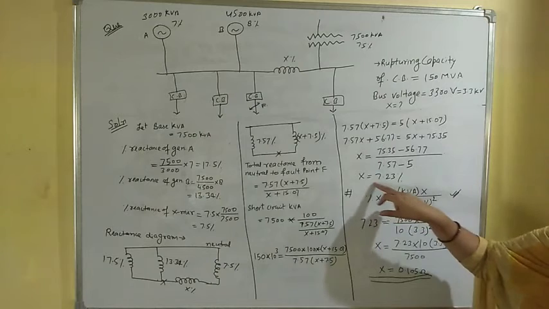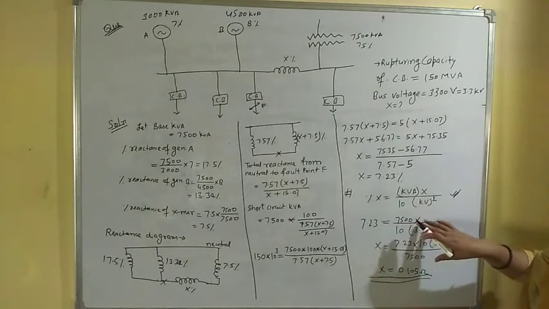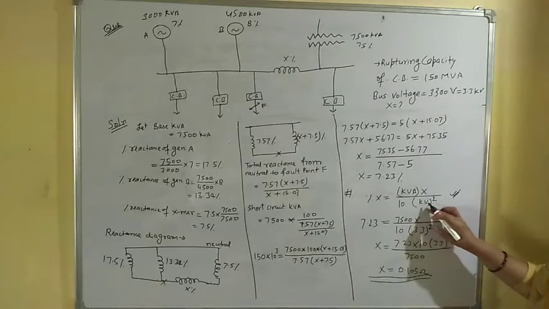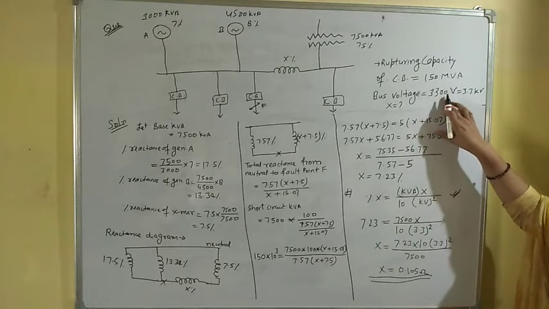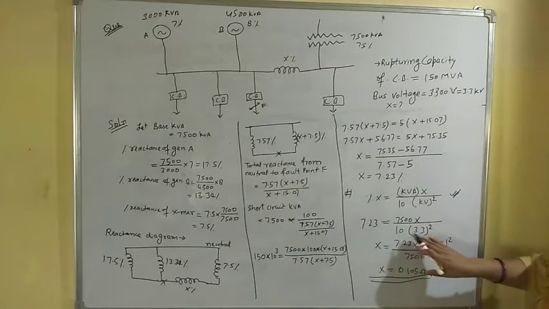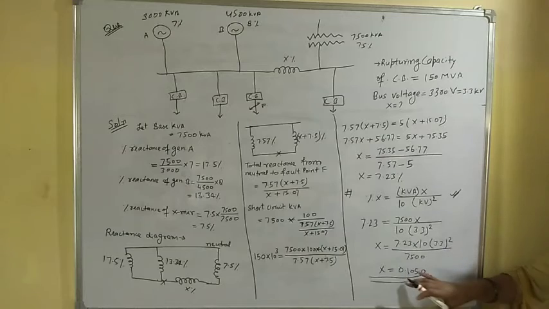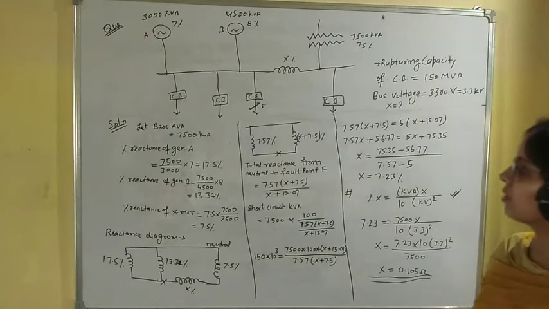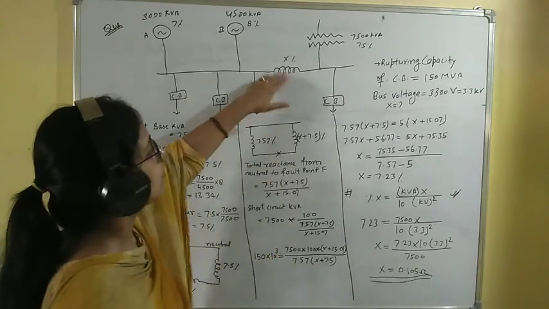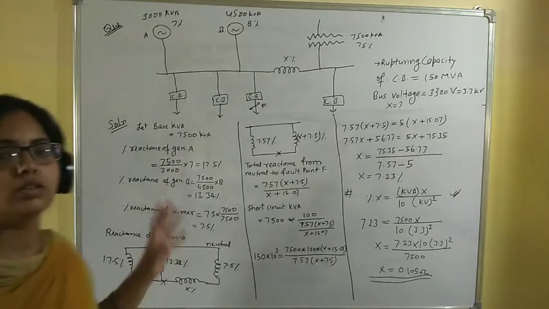The percentage of X is 7.23, which equals 7500 into X upon 10 into kV squared, where kV is given as 3300 volt, that is 3.3 kV. After putting in all these values, we get the value of X as 0.105 ohm. So when we connect this value of reactor here, we can limit the short circuit current occurring here. That's overall the question.